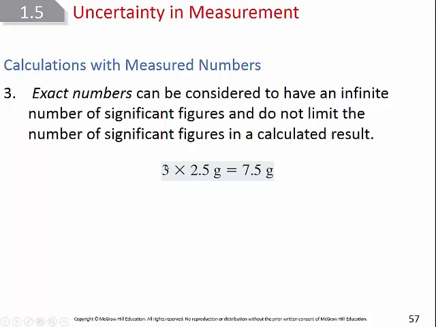Because this 3 was 3 objects, that is an exact number, we only round according to numbers that are inexact. So we would round to significant figures according to the second number, not the first number. So 7.5 has 2 significant figures. So this 3, because it was an exact number, has theoretically unlimited significant figures when we're deciding how to round.